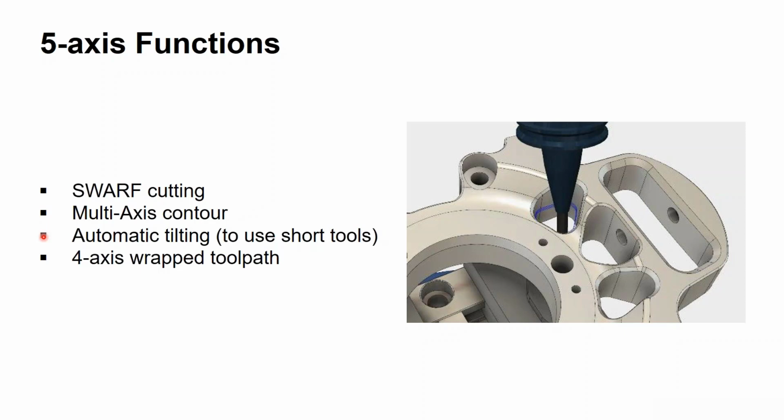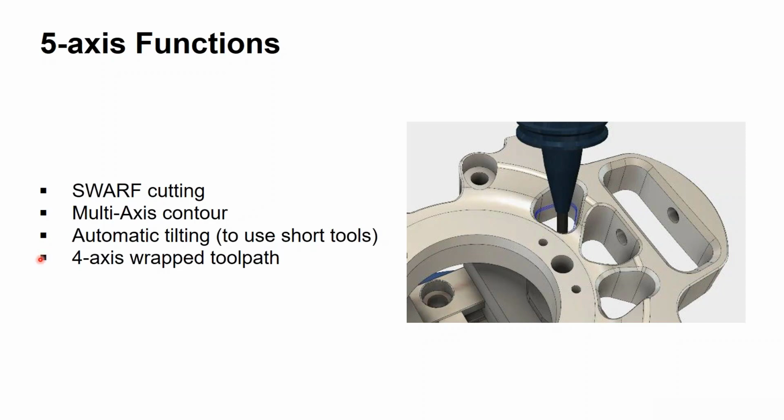By that we mean that if you machine a 3-axis toolpath and activate the automatic tilting functionality, the toolpath will be calculated 3-axis when it's possible, and where we need to tilt the tool because of a risk of collision with the tool shank or the tool holder to the CAD model, the system will automatically use the rotational axis to avoid a collision. And that is the best way of machining, I think, to machine as much as possible 3-axis and only use the rotary axis where needed.